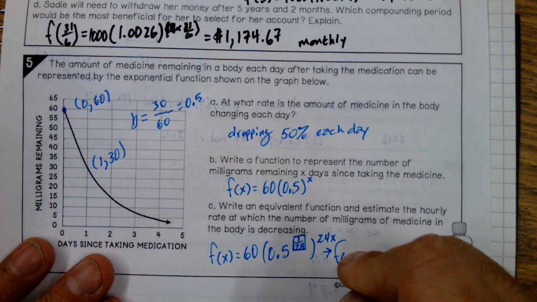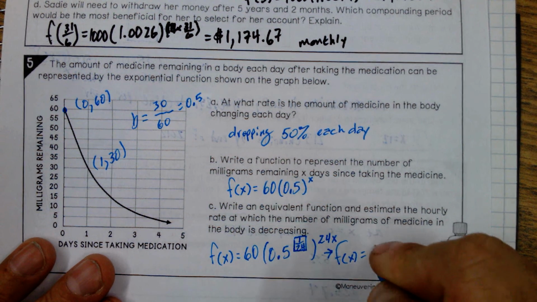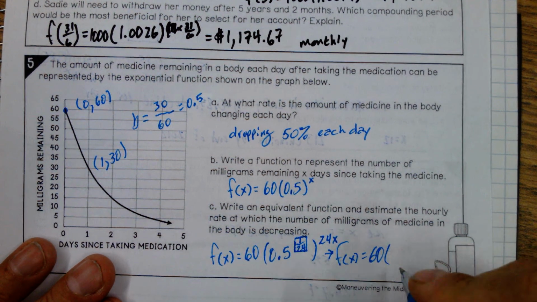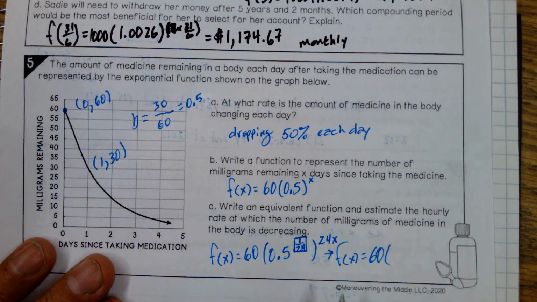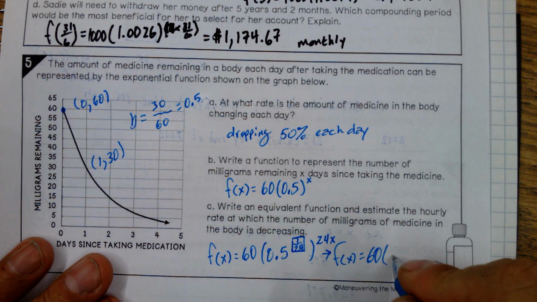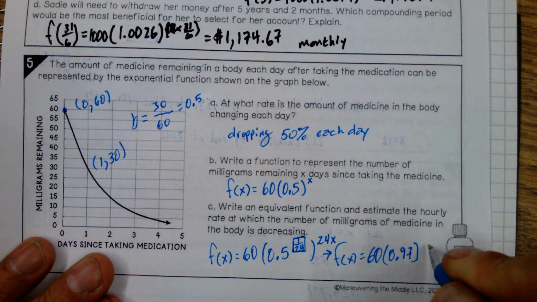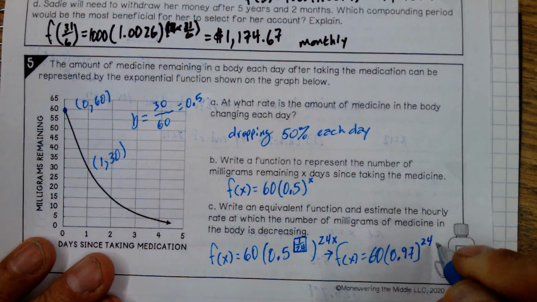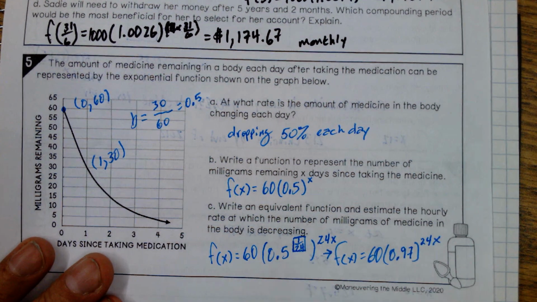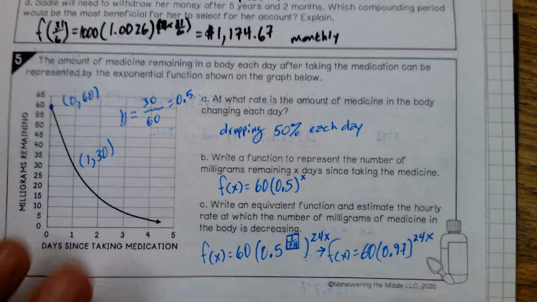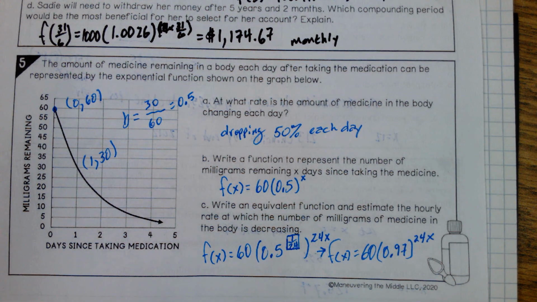F of x equals 60, and then instead of 0.5, it's 0.97 to the 24 times x power. And that would give you hourly. Okay. So that's the end of it.